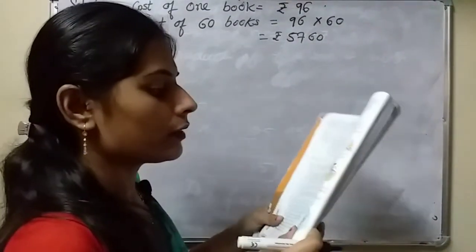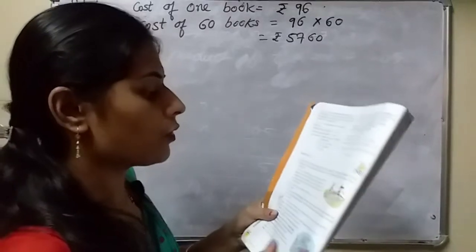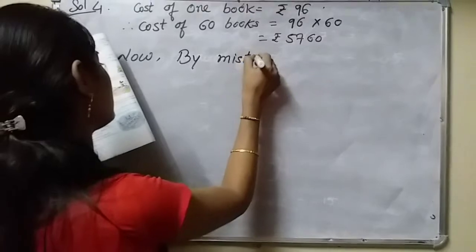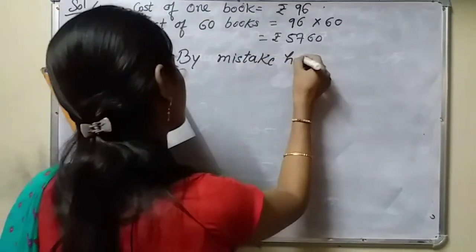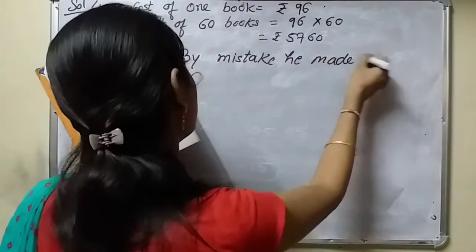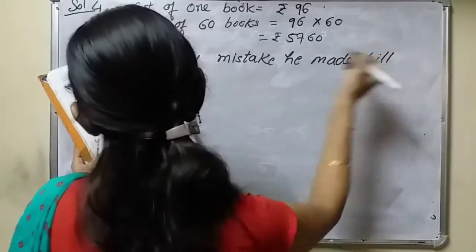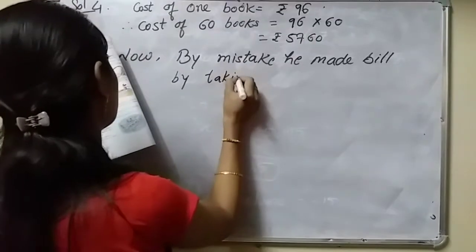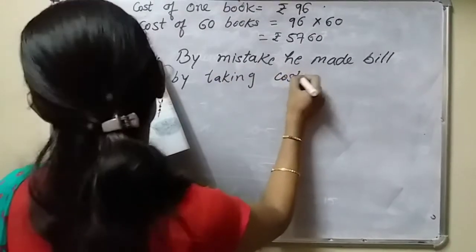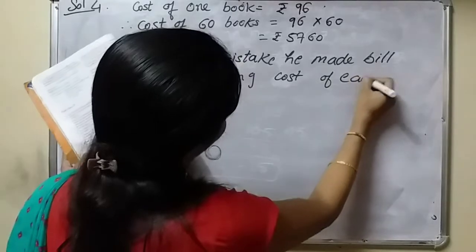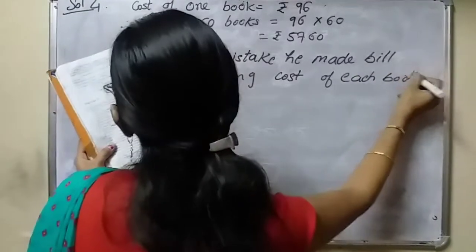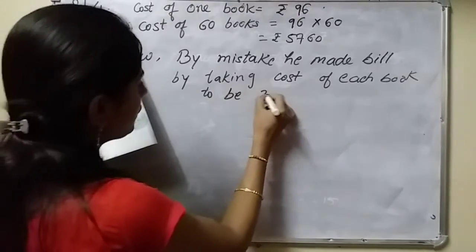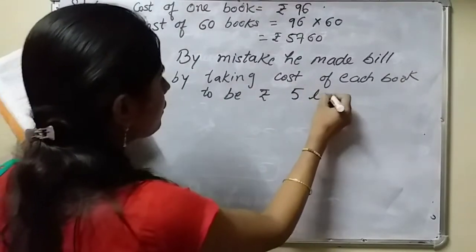Now, by mistake the accountant at the store made the bill by taking the cost of each book to be rupees 5 less.